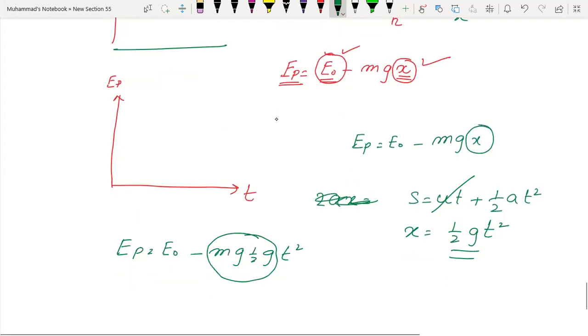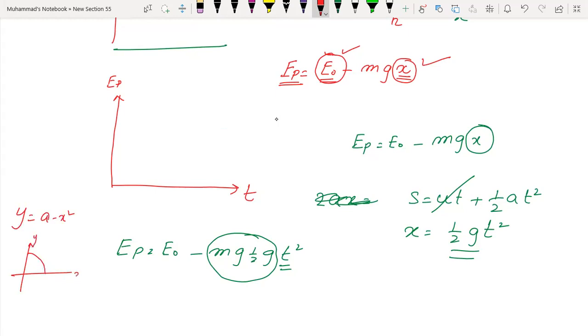So EP would change with t square, and the graph, you know that if you have y is a minus x square, the graph will look like this. We have seen this before. So the potential energy would decrease with time t.